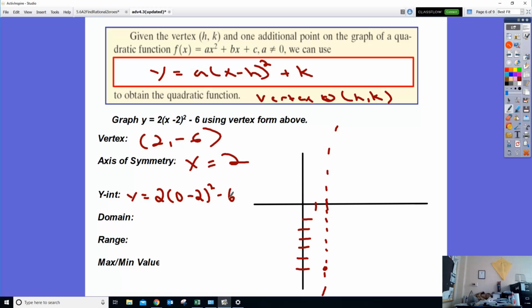No, it's not. Okay. That's enough to graph this thing. That point is 2 units to the left of your line of symmetry, which means there is another point.